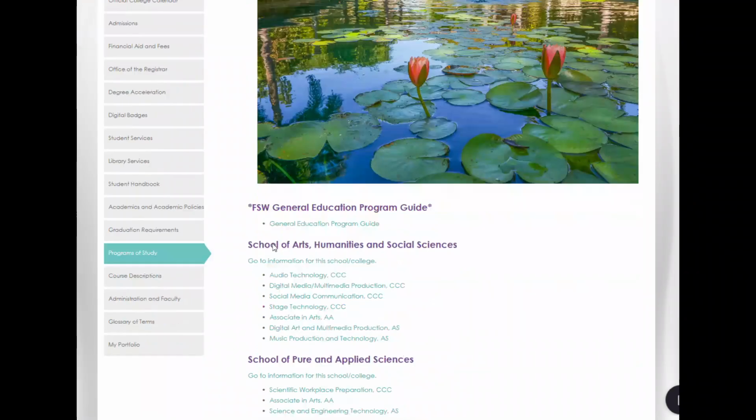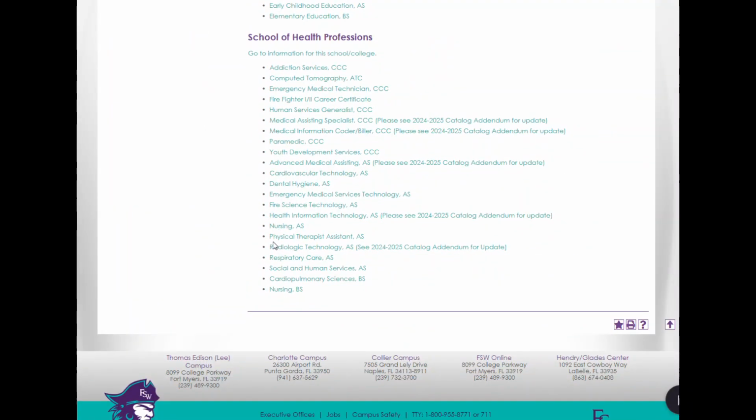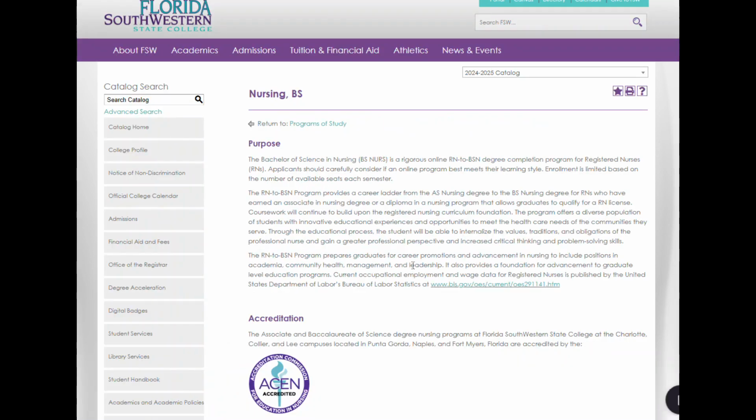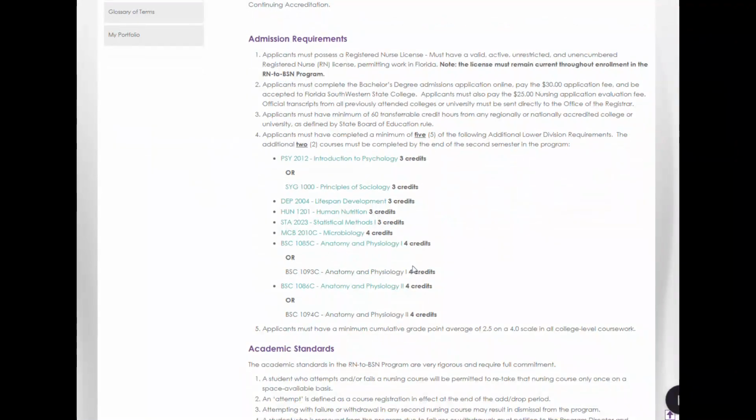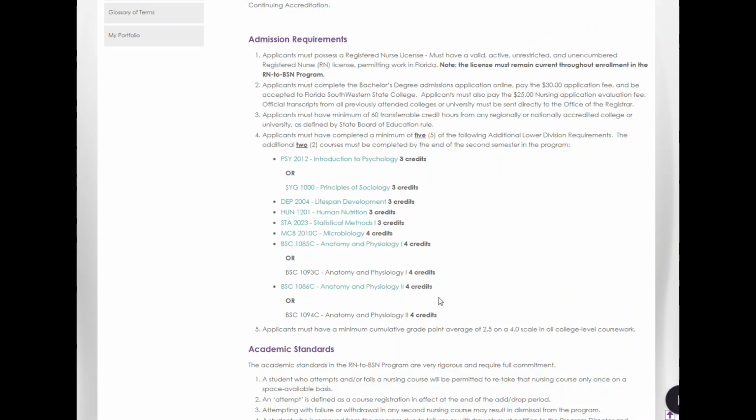Let me go in the program of study here. They had a meeting last month. And the only thing that I'm missing is the math. BS in nursing. All right. That says admission requirement, yes? Nothing says MGF. Am I right?